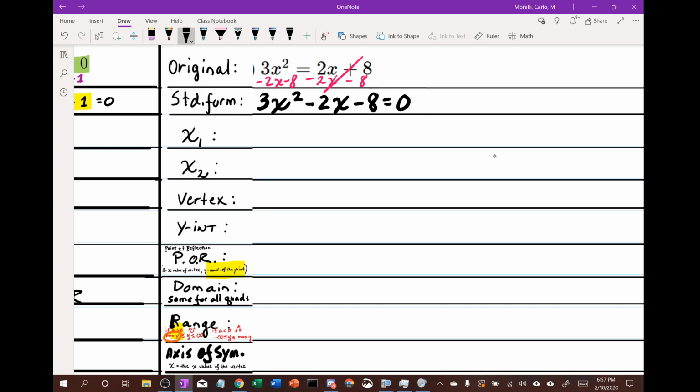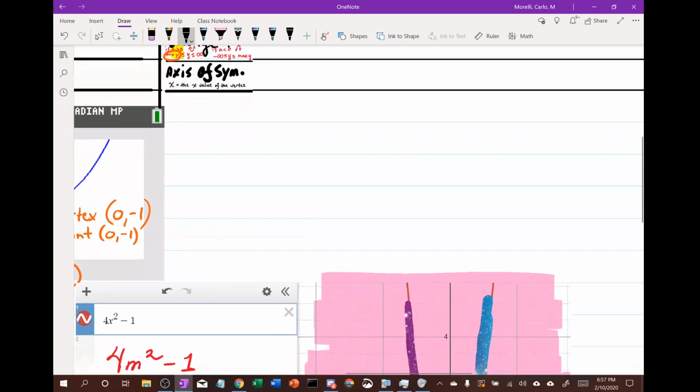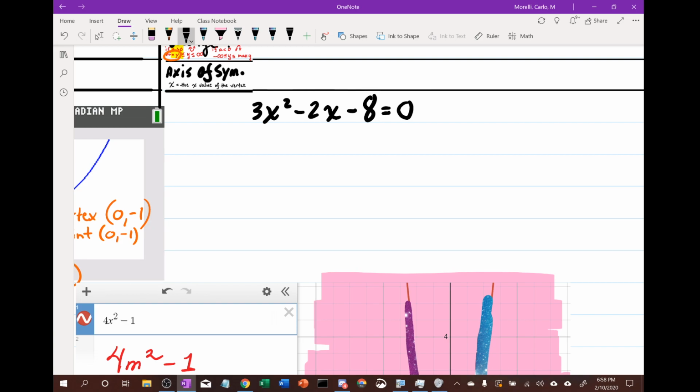So 3x squared minus 2x minus 8. We'll go down here. 3x squared minus 2x minus 8 equals 0. I'm back. Jonathan, we're going to try factoring this by grouping.